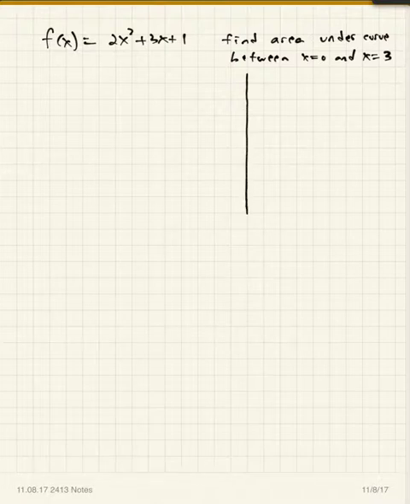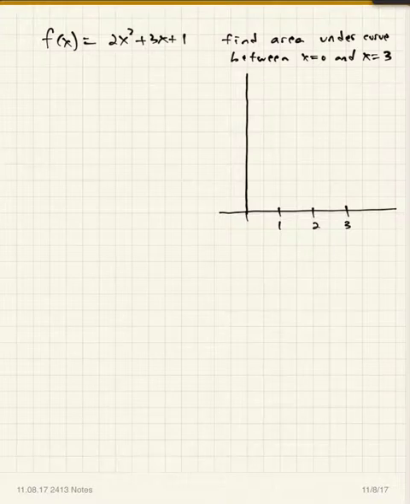But the curve generally, we're going from 0 to 3, so I'm going to make the scale a little bit bigger here. So there's 1, 2, 3 right there. And I'm going to make the scale on the y-axis bigger also, because f of 3 is 2 times 9 is 18, plus 9 plus 1 is 28.